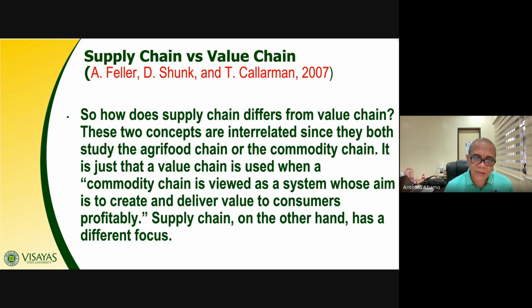A value chain is used when a commodity chain is viewed as a system whose aim is to deliver value to customers. Supply chain, on the other hand, has a different focus.